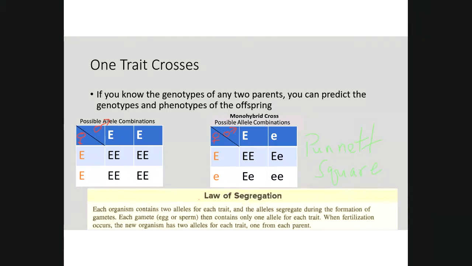In this case, we're telling you that the parents are heterozygous. So questions can be asked: what are going to be the possible genotypes of the offspring? Well, if this particular type of sperm fertilizes this particular type of egg, then you get this possibility.